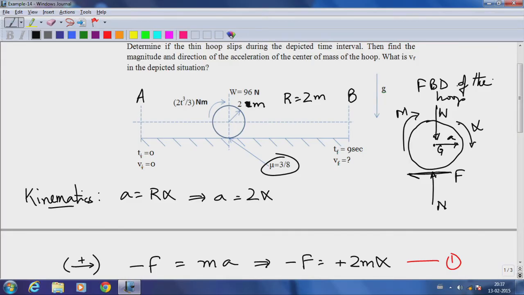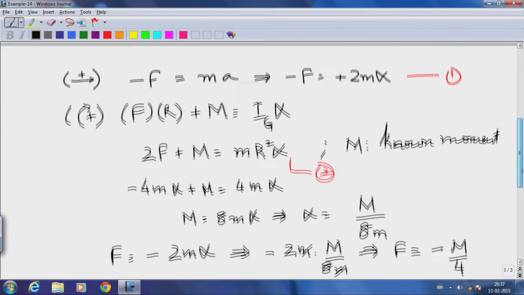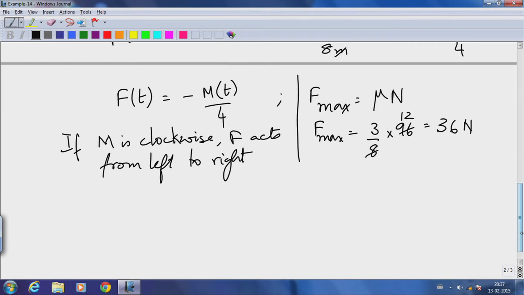If the engine produces a torque of magnitude M, then the friction between the road and the tire would actually provide traction to move the car in a forward sense. Okay. But as far as F max is concerned, this negative sign does not matter.